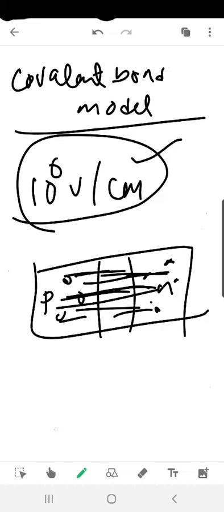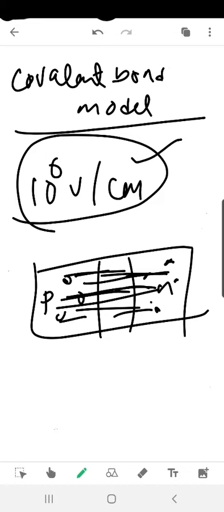Similarly, the holes from the p side will cross the junction and reach the n side before they are recombined. This will result in an increase in the width of the depletion region over a given period of time.